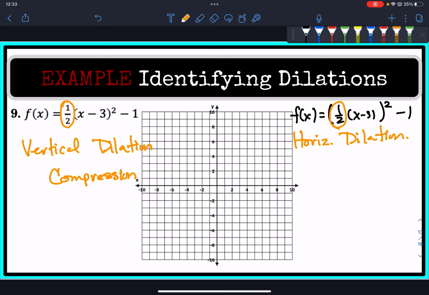And just like the last example, because we're multiplying by 1/2, this is going to be a stretch horizontally. And for the vertical one, the scale factor is equal to the number 1/2. But for the horizontal dilation, the scale factor is equal to the reciprocal of this. So it flips it, and our scale factor is equal to 2.